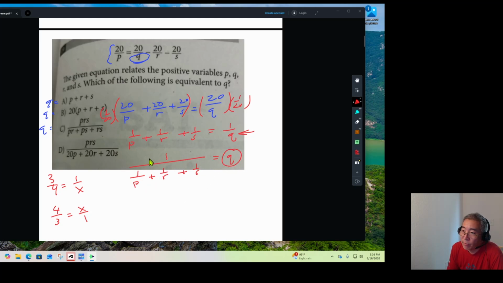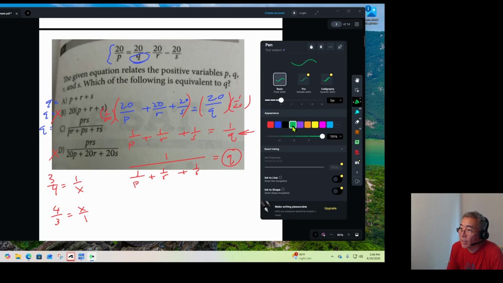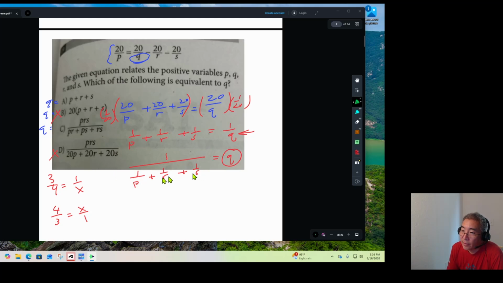All we need to do is make the left side expression look like one of these expressions on the right. It's probably not one of these that have 20 in it because we got rid of the 20 very early, right? So how do we make this into a less complex fraction? Well, we just need to multiply the top and the bottom by a common denominator here.